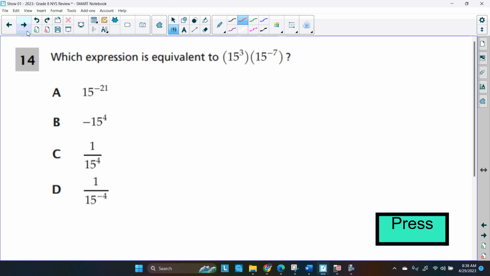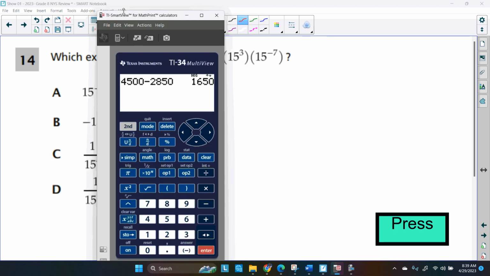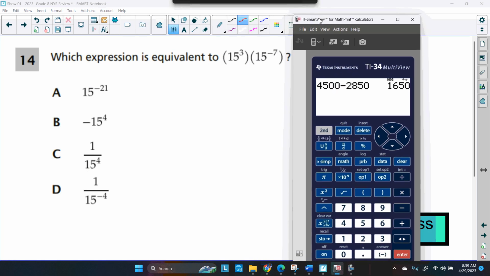Let's go to question number 14. This deals with exponents, I see. Which expression is equivalent to 15 to the third power times 15 to the negative 7 power? I know it's multiply because parenthesis next to parenthesis means multiply. I could guess and check and get my calculator to help me out.